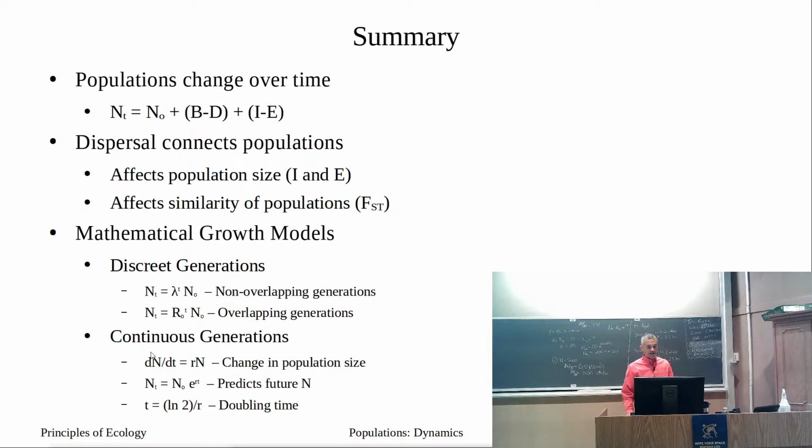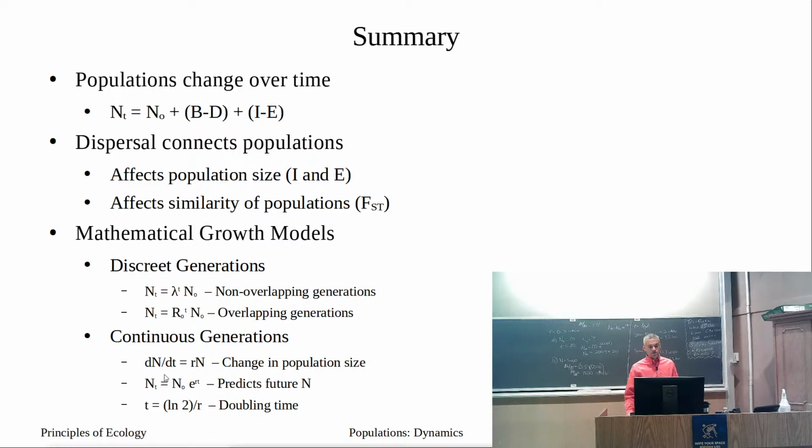When we work with continuous generations, what we've done is taken the time between birth pulses and made it infinitesimally small. Super, super tiny. So our growth curve looks very smooth. The slope of that smooth exponential growth line tells us the change in our population size, the population growth rate. That's dN over dt.